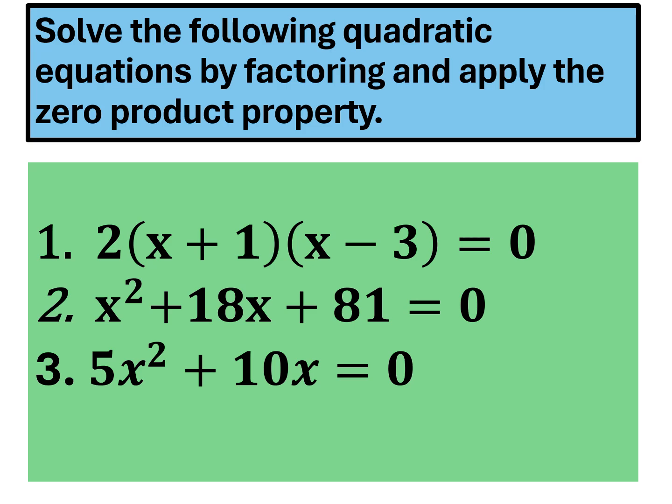I'll show you some examples on how to solve quadratic equations by factoring and apply the zero product property. So please be with me and follow what I do, so that you can learn. Okay, let us start.